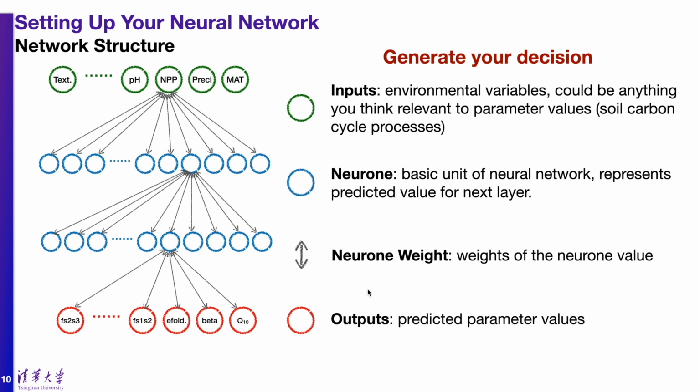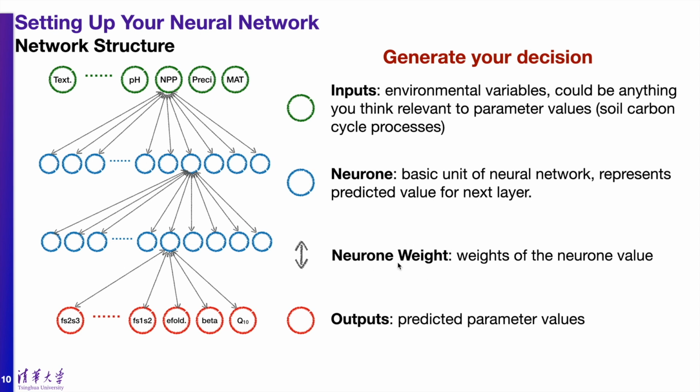In my research, the inputs are the environmental variables, which can be anything you can come up with that is relevant to parameters. The neurons are the basic unit of the neural network and generate all the possible predictions for the next layer or just as output. The neuron weights are the weights of the neuron values.